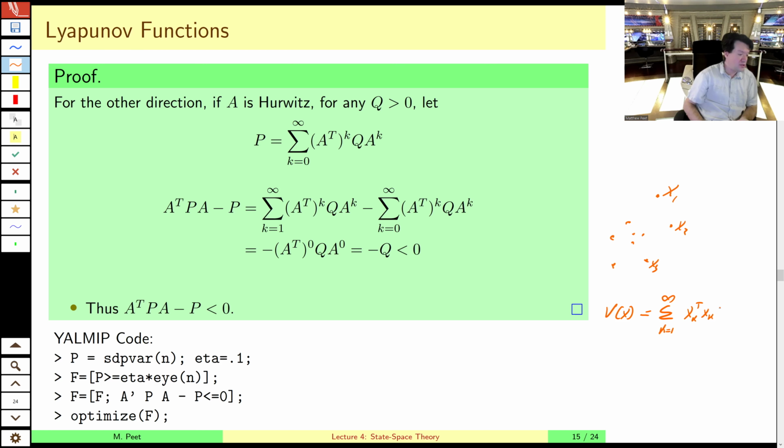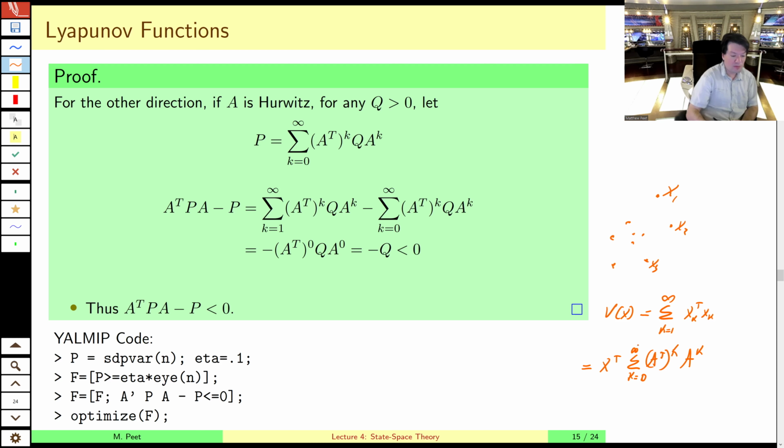In terms of proof, we use a more algebraic style, but you can show that this yields the Lyapunov function x transpose times the sum of A transpose k A k, k equals 0 to infinity.